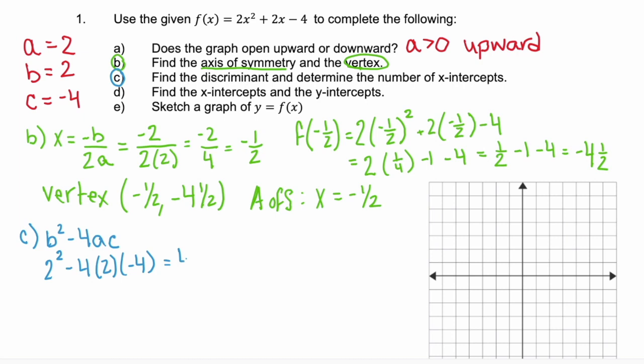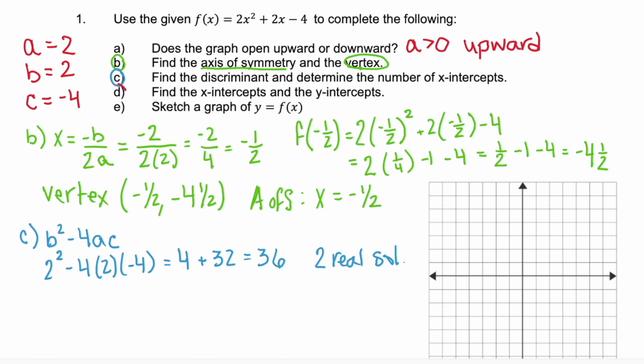And that simplifies to 4 plus 32, or a discriminant of 36. And since the discriminant is greater than 0, we know that we have 2 real solutions. Okay, we're doing pretty good.